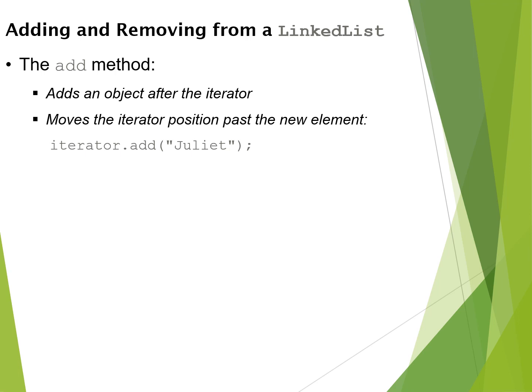First, it adds an object after the iterator, and then it moves the iterator position past the new element. So if you say iterator.add Juliet, it first adds an object after the iterator with the string Juliet stored in it, and then it moves the iterator position past the new element which contains Juliet.